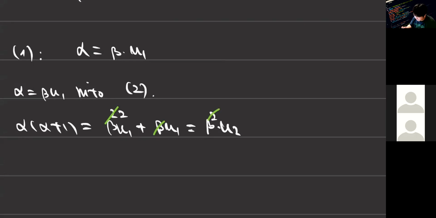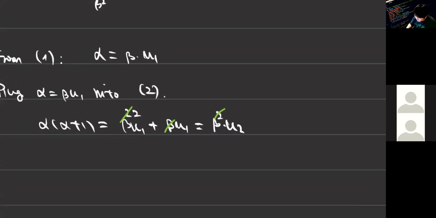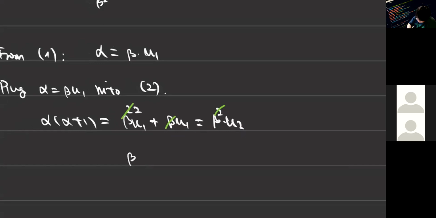All right. So what that gives me is beta mu1 square plus mu1 equals beta mu2. Because in the condition, we know that beta cannot be 0, right? So I can divide both sides by beta, kick one out, and make my life easier.